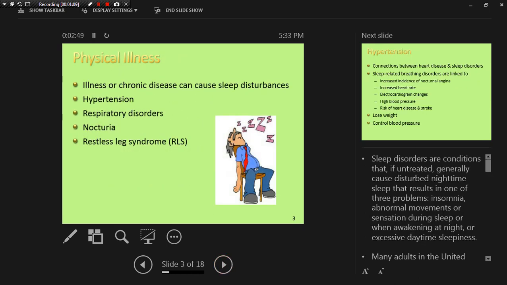So some of the physical illnesses that we see along with sleep impairment, or we might see as a cause of the sleep impairments.